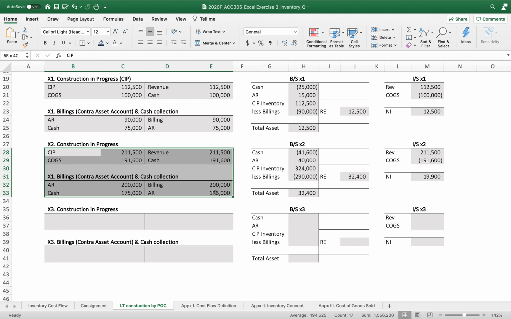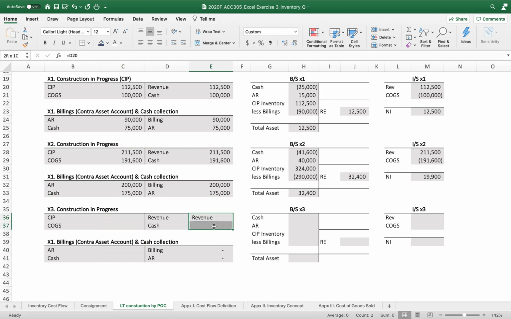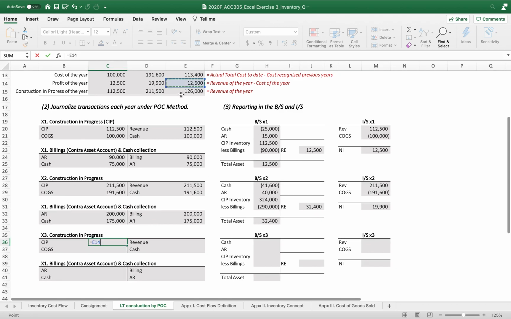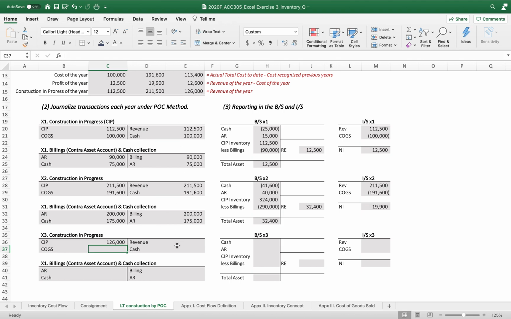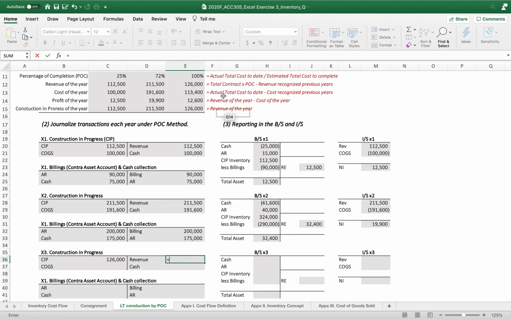I'm gonna use the same name of the balance, but different amount. Okay, the CIP of the third year is, here we go, 126,000. Then the revenue, where was the revenue? The same amount as the CIP.